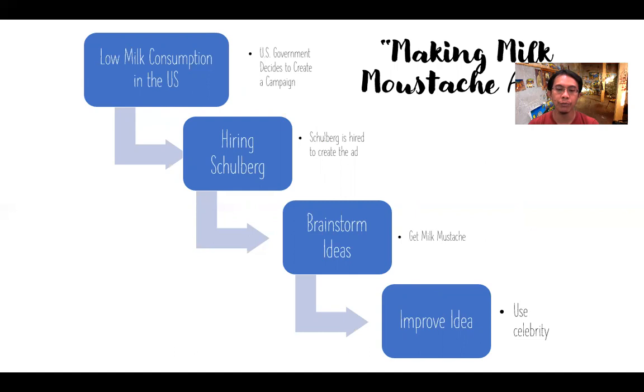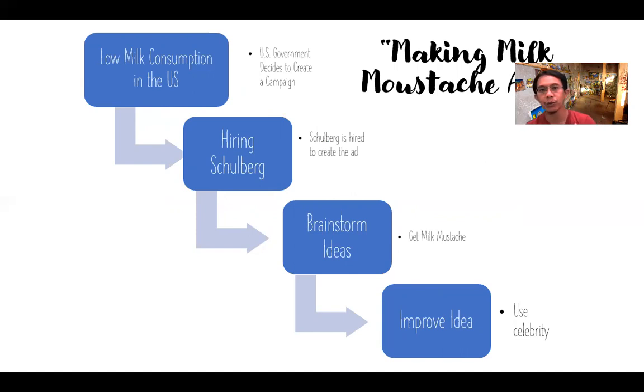After hiring Schulberg, Schulberg brainstorms ideas with his team. After talking about what alternatives we can use, then they come up with this idea of the got milk mustache. Once he already had the idea, Schulberg improved the idea by making it unusual.